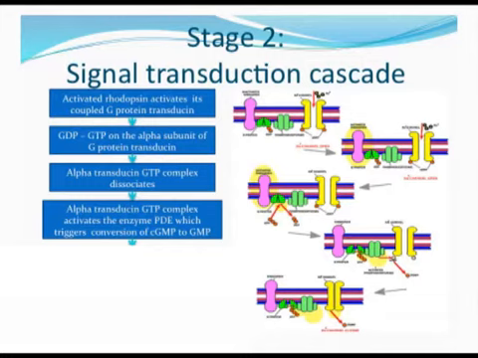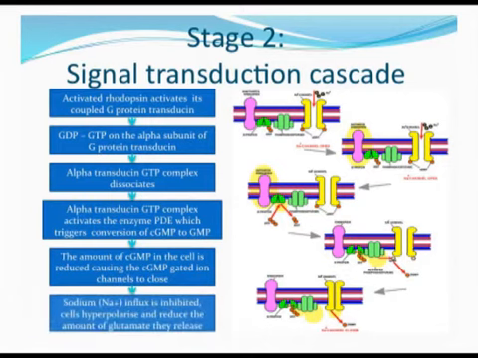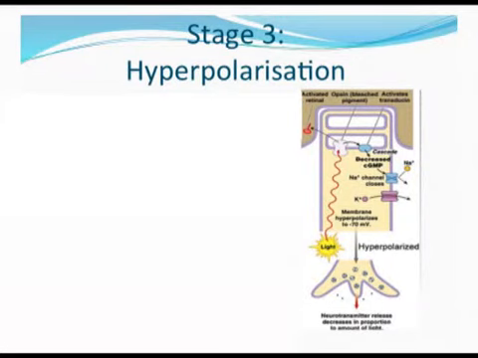But when cyclic GMP is converted to GMP, the concentration of cyclic GMP reduces, so cyclic GMP can no longer keep the ion channels open, and these ion channels close, so the influx of sodium is inhibited, and this is how the cells hyperpolarize. When the cells hyperpolarize, they reduce the amount of neurotransmitter that's released from their synaptic terminal. So let's go on to the final stage of phototransduction, hyperpolarization of the cell.